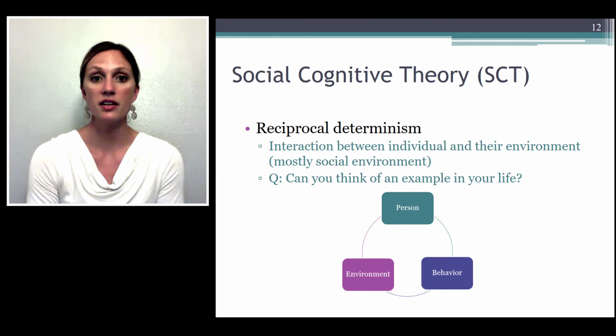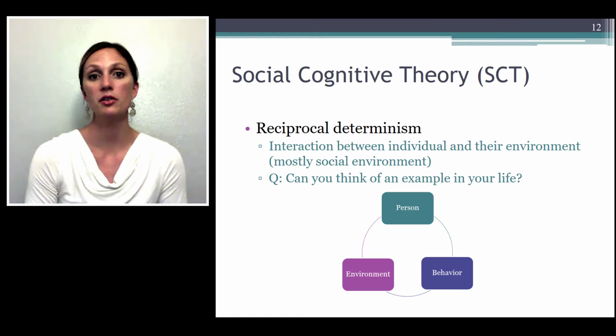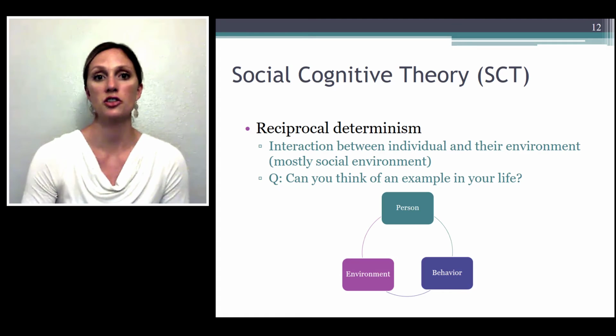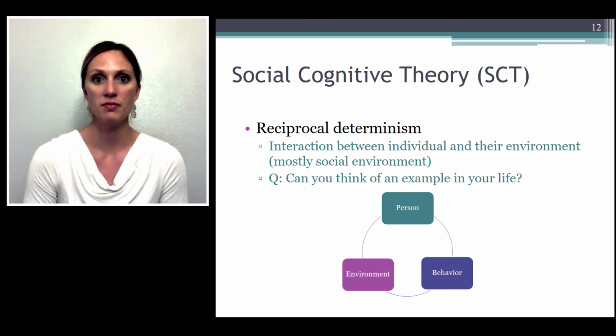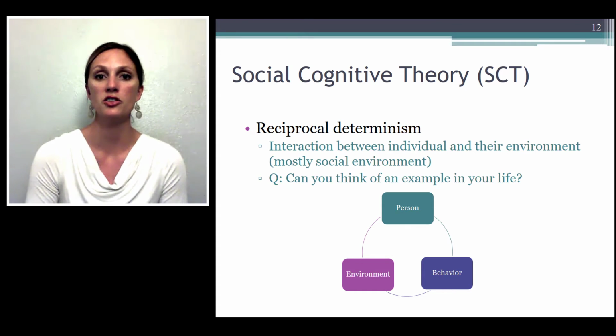An example of this is that a gym opens up in a neighborhood, a new gym. It's a change in the environment. An individual goes to the gym and they feel really great about themselves. So now we have a person factor and a behavior. Behavior is going to the gym.